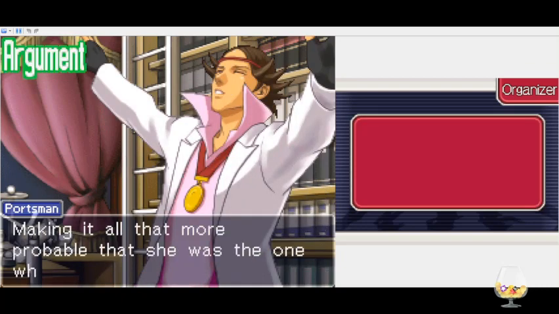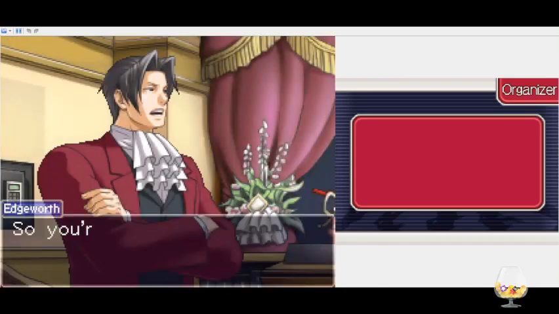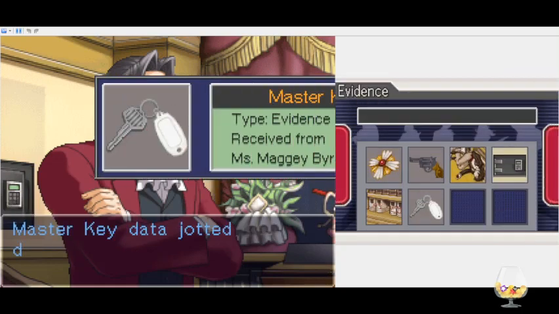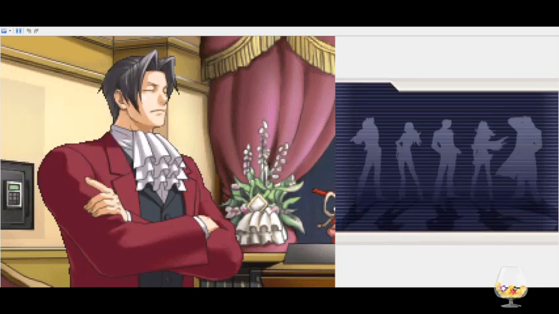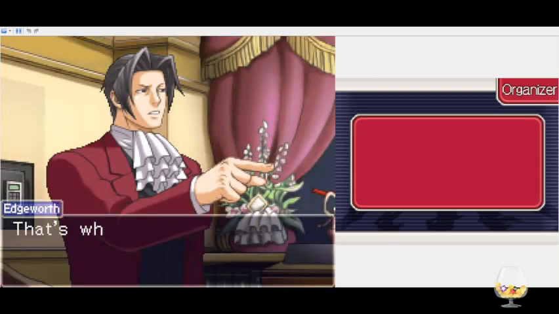Making it all that more probable that she was the one who faked the dying message. So you're saying she used the master key? Incredibly incriminating evidence, wouldn't you say?